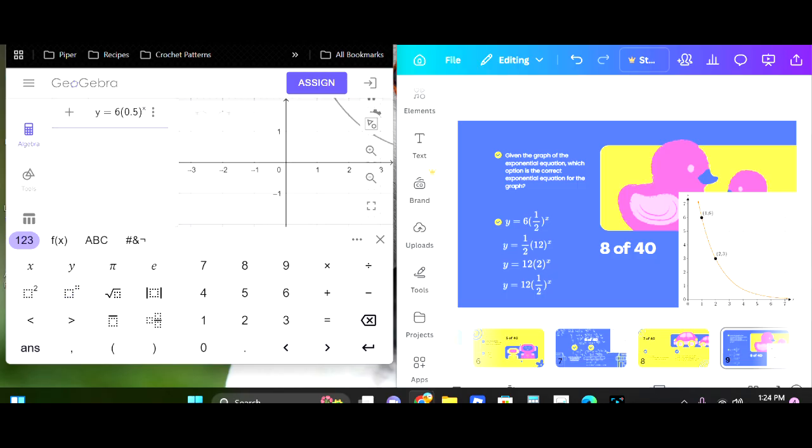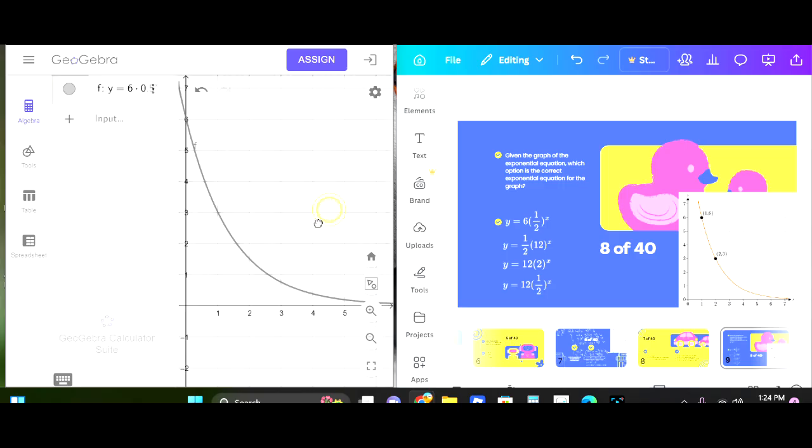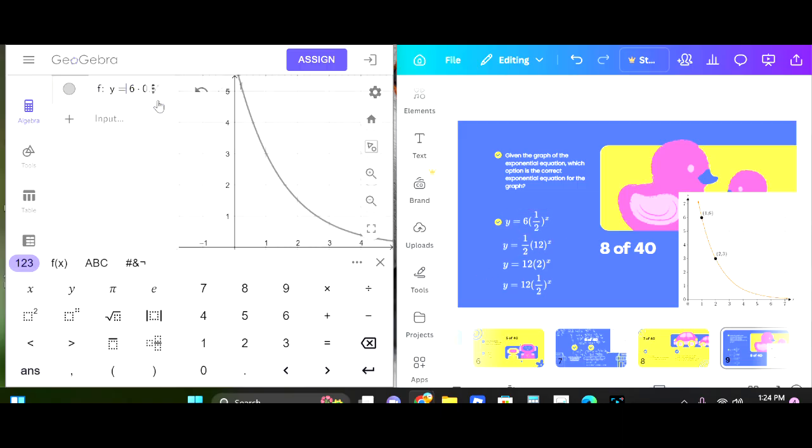Okay. Let's fix this now and see what we can see. So it should cross at 1 and 6. It doesn't show us crossing there, so it's not this one. This one is out. Let's try the next one.